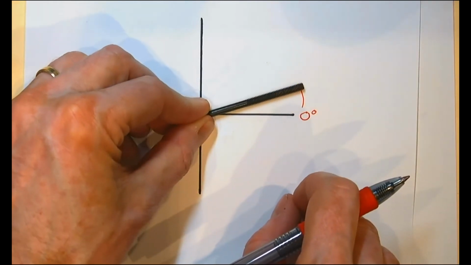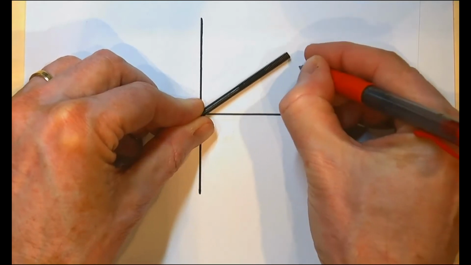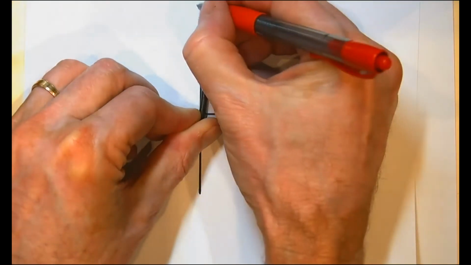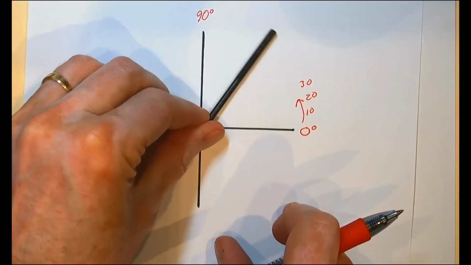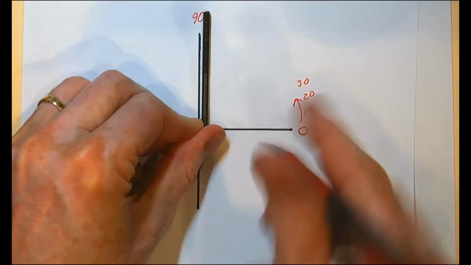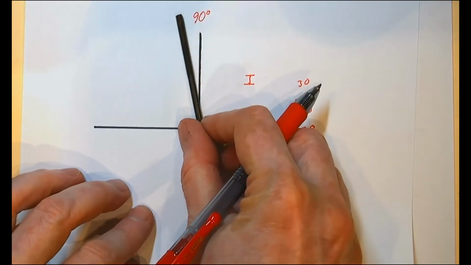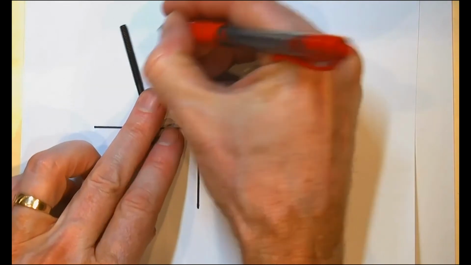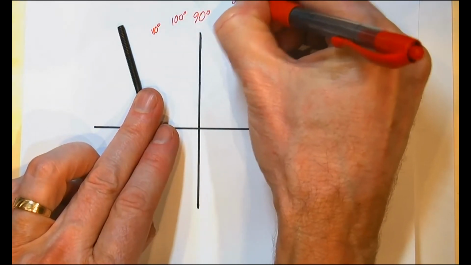It's like backwards from a clock. We're always going to go this way, 10, 20, 30, until we get all the way up to 90. So we're always going to go this direction. You just got to get used to that. Just like on graph paper, this is quadrant 1, and if you went past 90, like over here to 100, 110, these are all in what we call degrees.